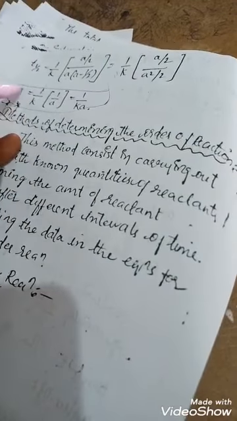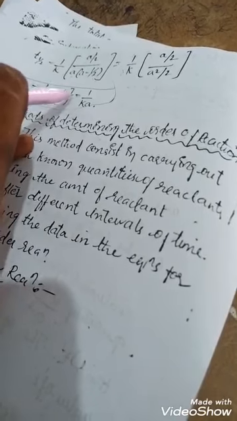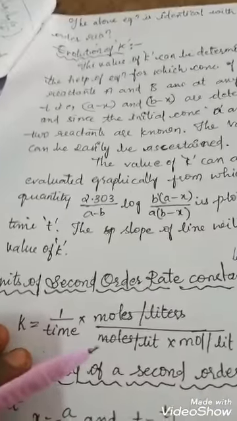So t half equal to 1 by ka. This is the half-life of the second order rate constant. That is the evolution of k.